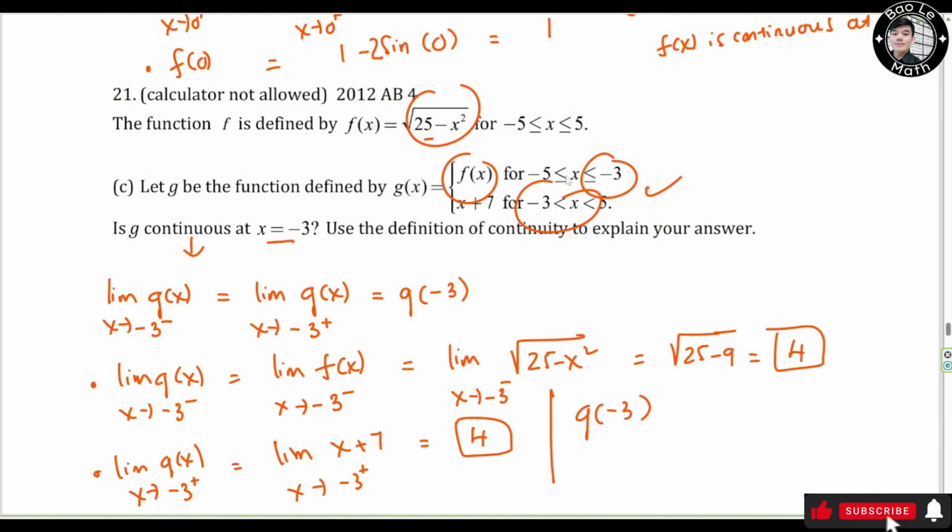So for g of -3, we're going to use this one, so it's f of -3, right? So it's the square root of 25 minus -3 squared, and it's going to be 4, right? So this condition right here is satisfied, right? So then the function is continuous. So you need to say the function g is continuous at s equals -3.